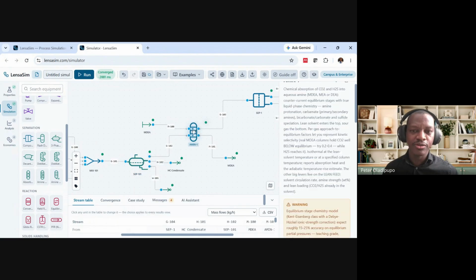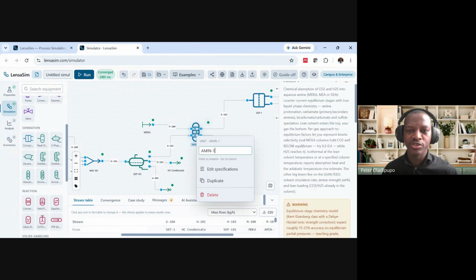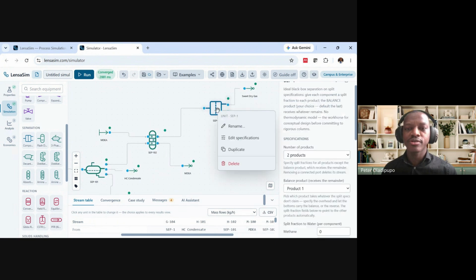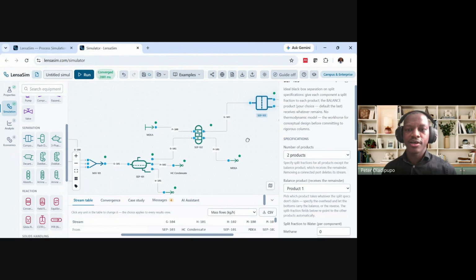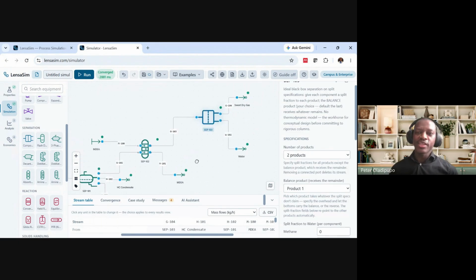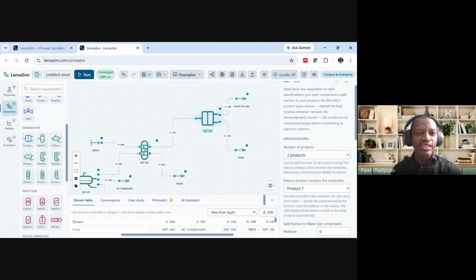This is also a separator doing separation work, so SEP-102. This is also a separator. So with this, we've essentially come to the end of this simulation exercise.